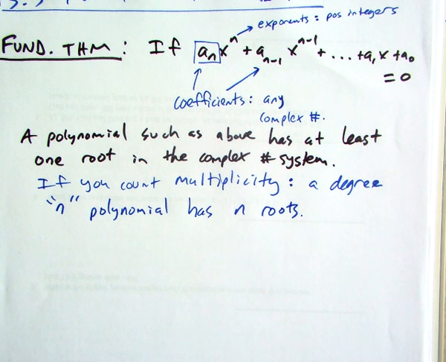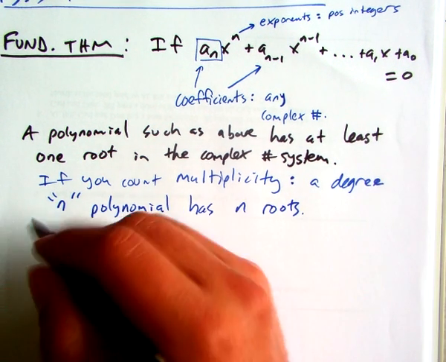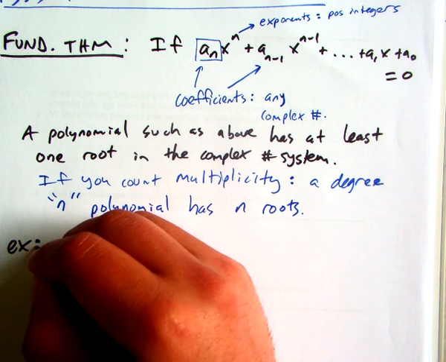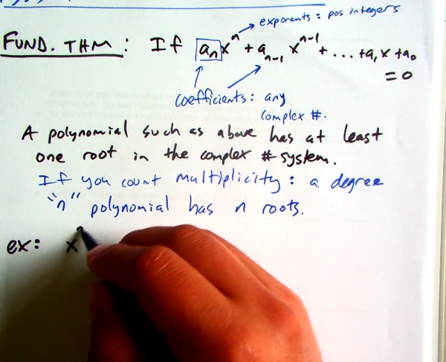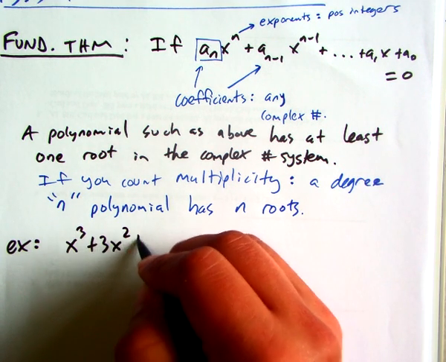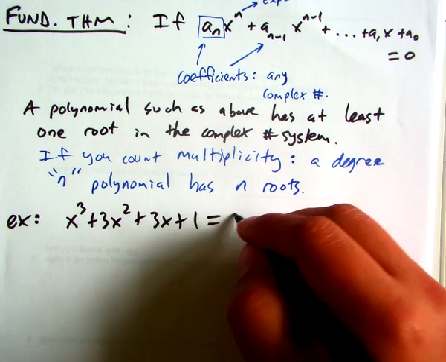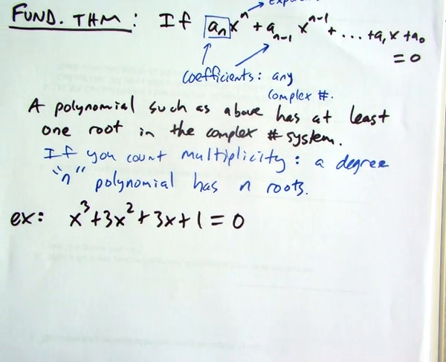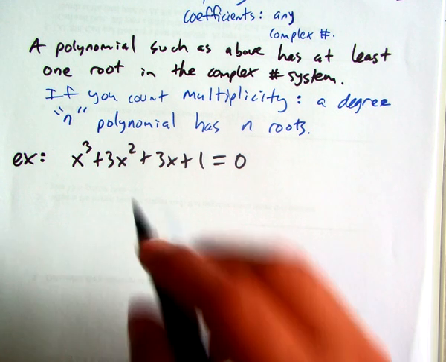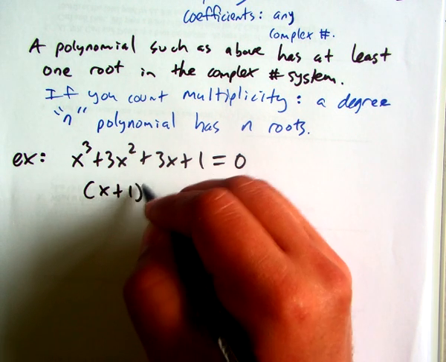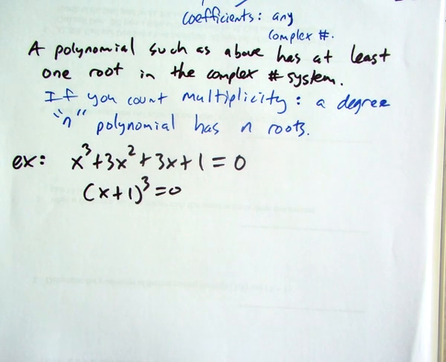Okay, so here's an example to illustrate this point. If you have x cubed plus 3x squared plus 3x plus 1 equal to 0, you don't have to know so much about how to factor this, but I'm just illustrating a point. This will factor to (x plus 1) to the third power. What's the root here?